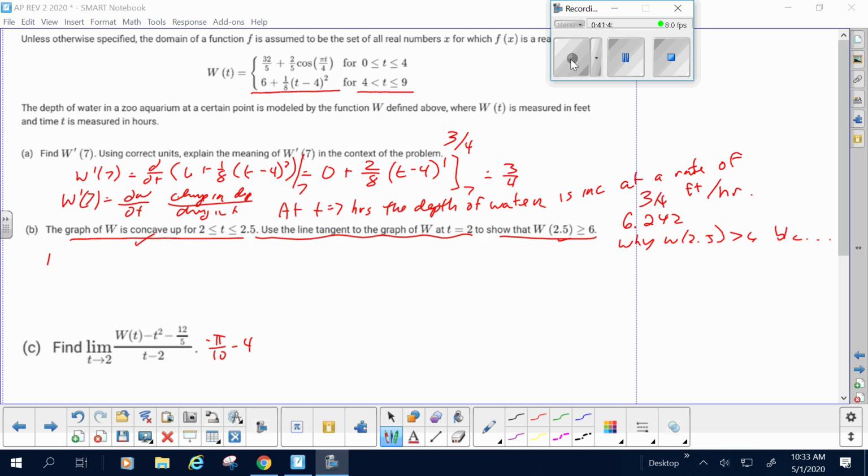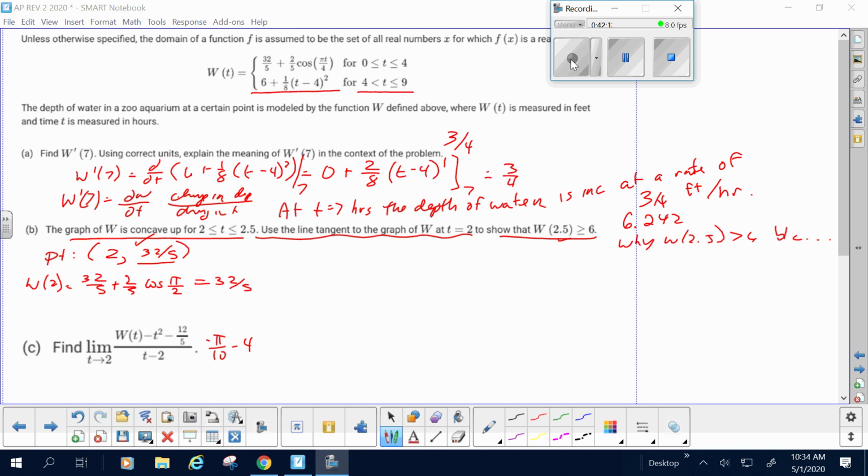So the tangent line: the point is when time is 2, what is W? So let's get that actually. W at 2 is the top branch, so that's 32 fifths plus 2 fifths of cosine of pi over 2, and that's 32 fifths.